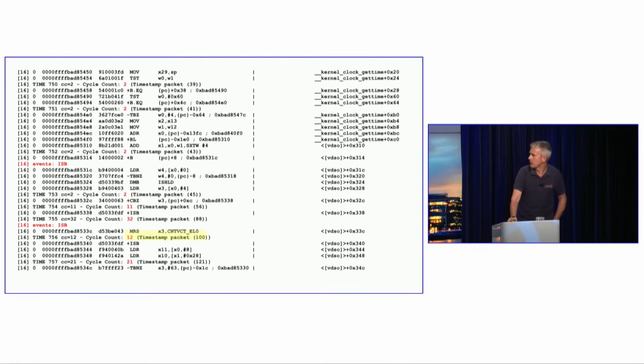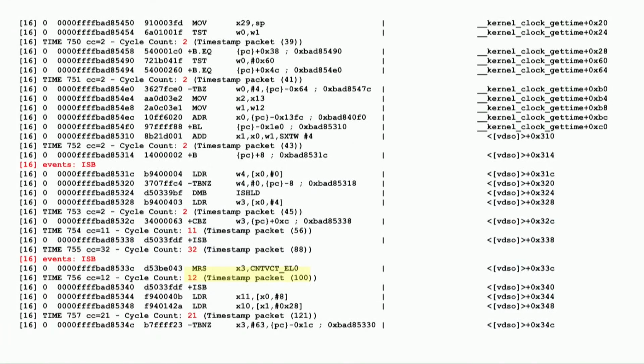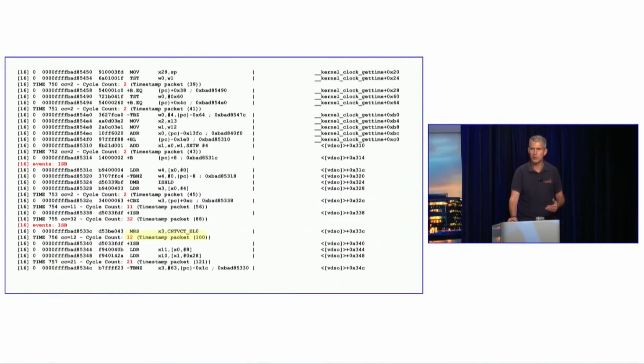So I've got an example here. One of the earlier presentations mentioned the VDSO routine to get the current time, and the fact that this was performance critical for anything that was using clock_gettime to timestamp a trace event.